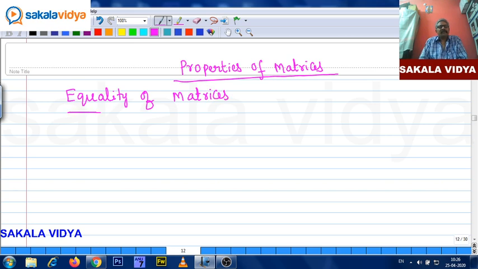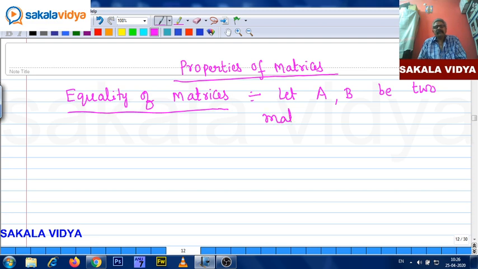Equality of matrices. For example, when do we say that, let A, B be two matrices, when do we say that A comma B are equal?